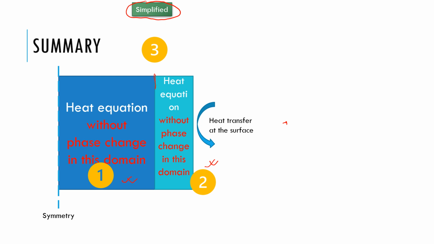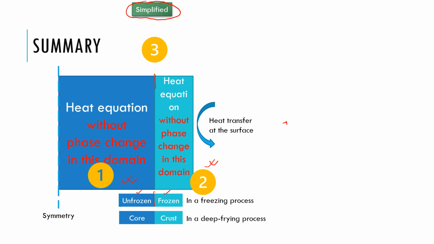Now, this has been applied to several types of problems like freezing, where you have a frozen area, unfrozen area separated by an interface. Likewise, we have a deep frying process.